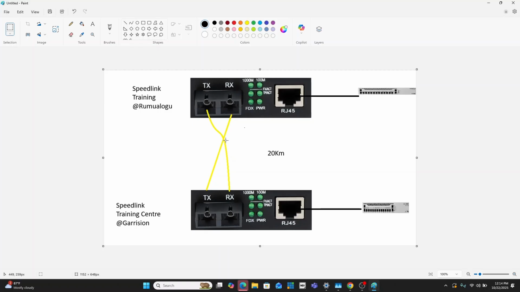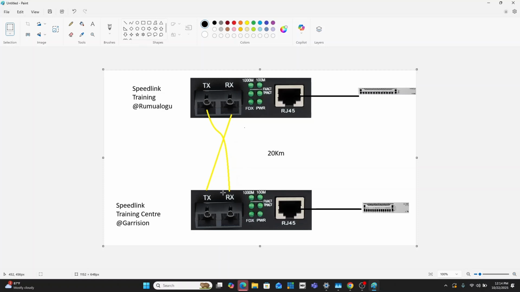And when you deploy the link, you make sure that what? TX, because you actually have to provision 2 active cores of cable. Even if they give you a 96 core cable to lay between these 20 kilometers, even if they give you a 48 core cable, even if they give you an 8 core cable to lay, between site A and site B, at the end, when you want to connect those 2 devices together, TX must go to where?